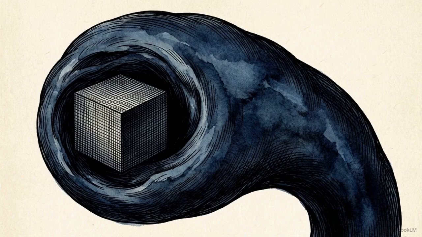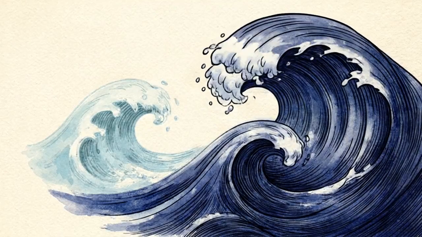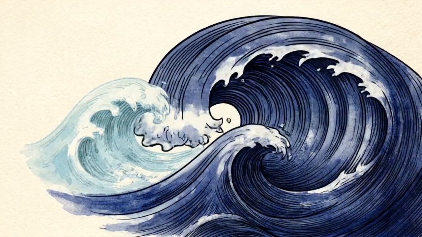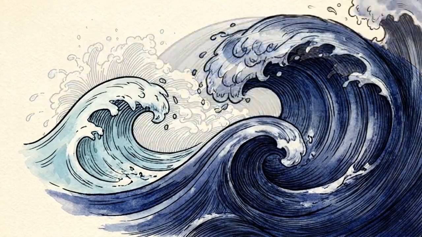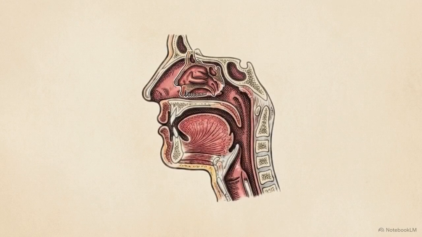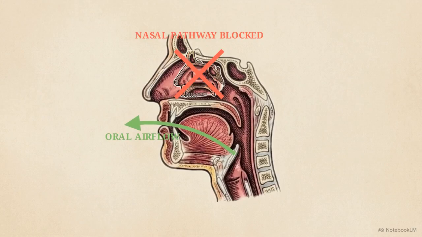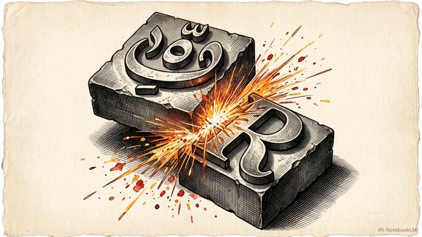This branch requires an acoustic mechanism known as complete assimilation, or idgham without ghunna. In this specific phonetic state, the original N sound is completely obliterated in the vocal tract without a trace. To achieve this anatomically, the vocal tract bypasses the nasal cavity entirely. The speaker drops directly from the preceding vowel into a heavily stressed L or R consonant.